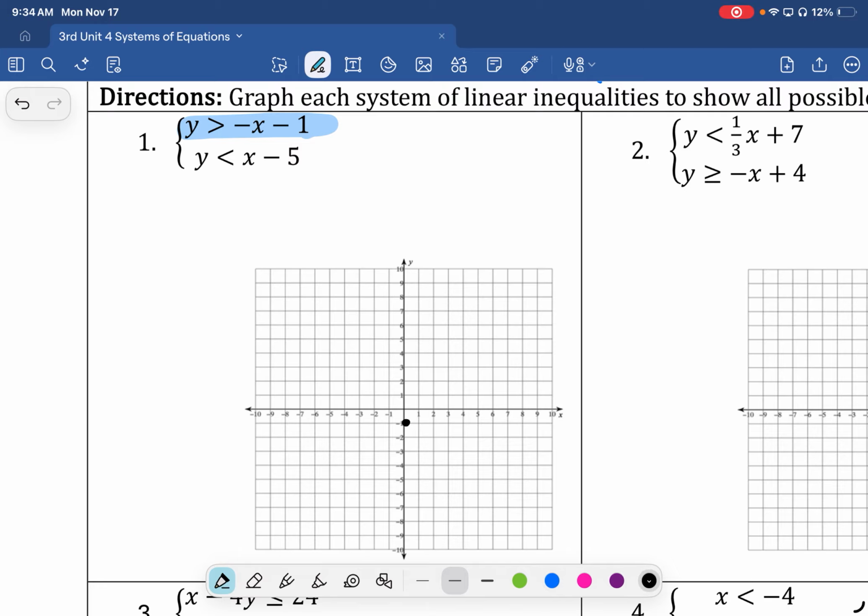What is our slope? Down 1, right 1. Okay? It will be a dashed line. Okay? So I want you to create a dashed line. Then will we shade above or below? Above.